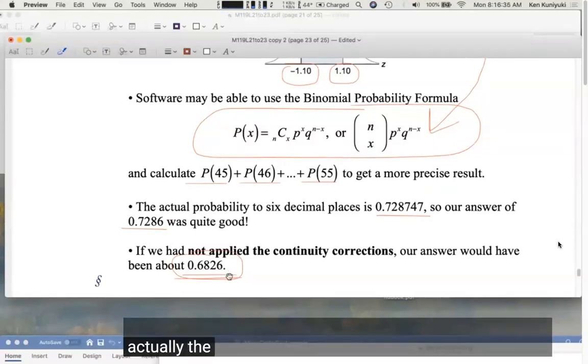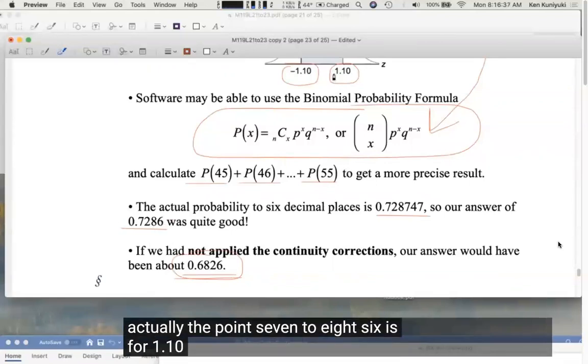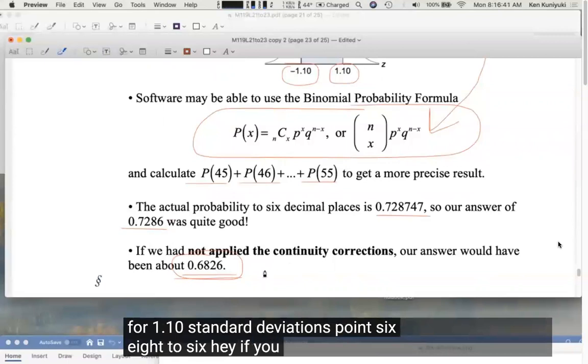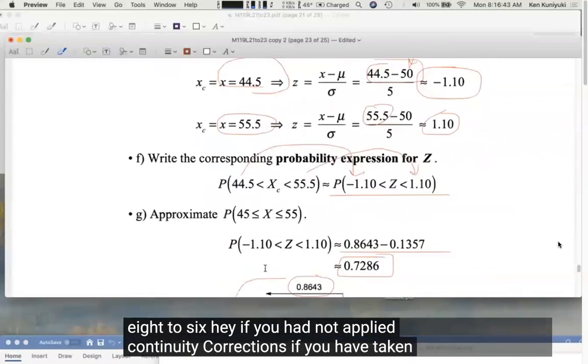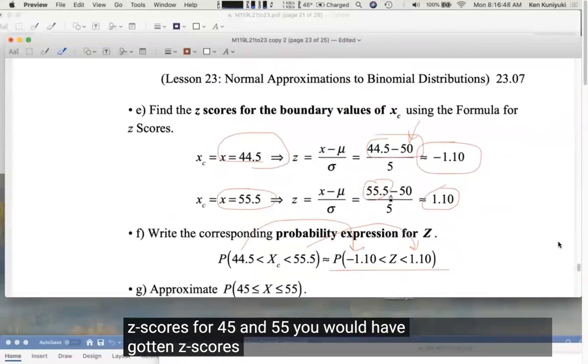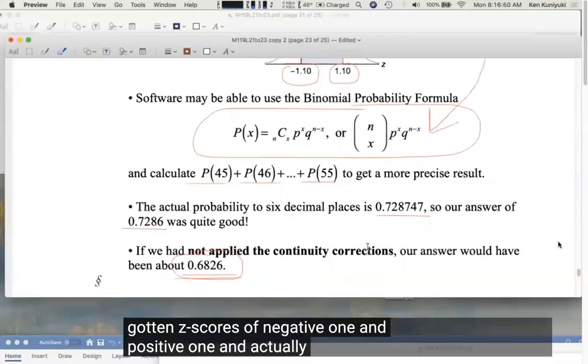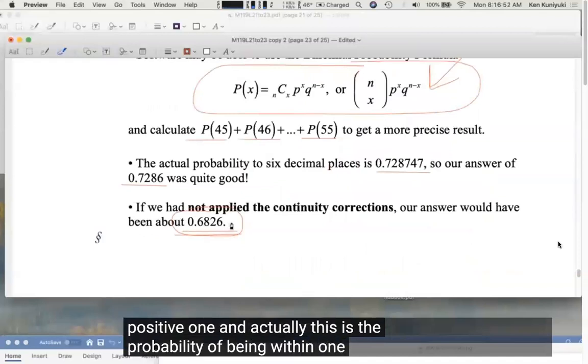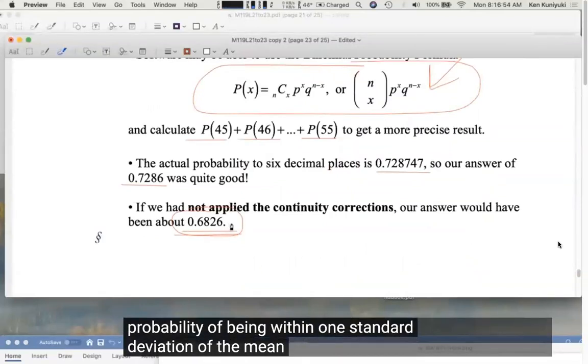Actually, the 0.7286 is for 1.10 standard deviations. 0.6826, if you had not applied continuity corrections, if you had taken z-scores for 45 and 55, you would have gotten z-scores of -1 and +1. And actually, this is the probability of being within 1 standard deviation of the mean.